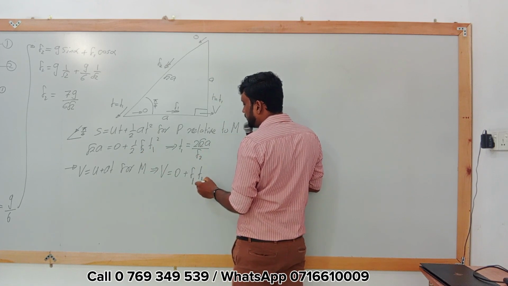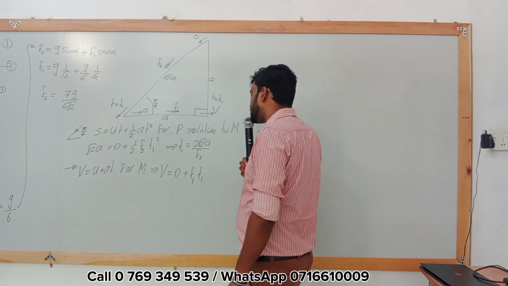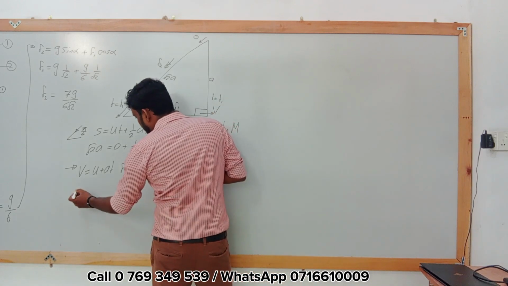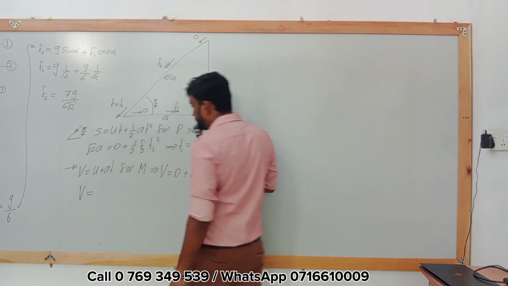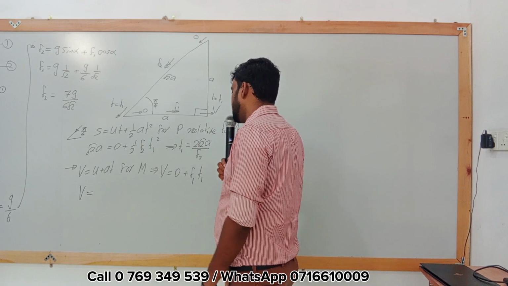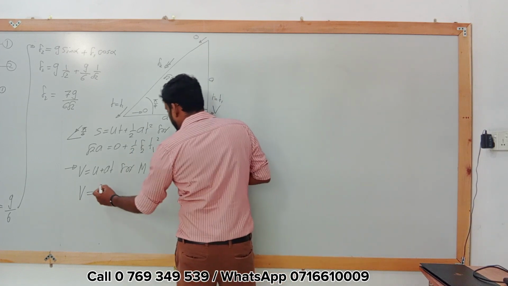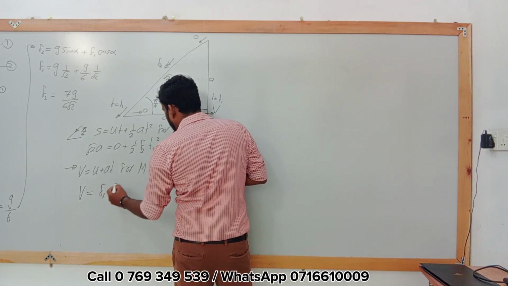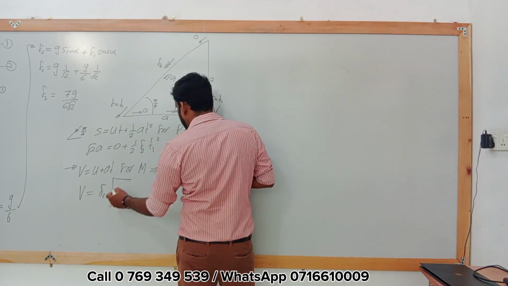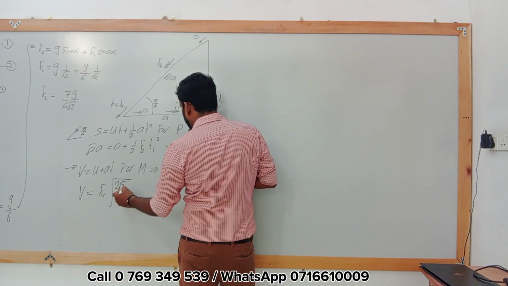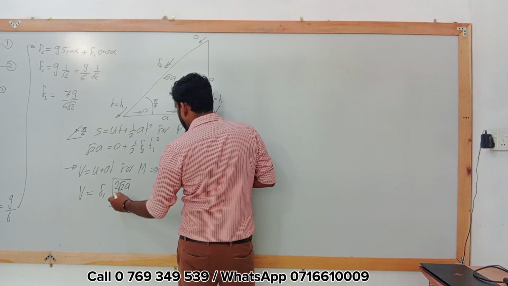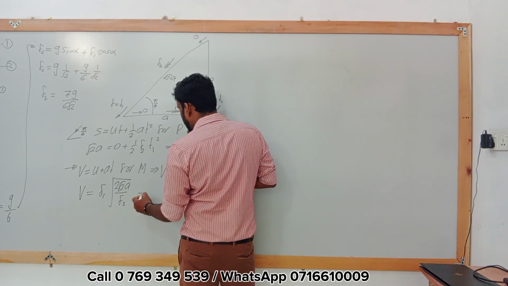V equals f1 into root 2 root 2a divided by f2.